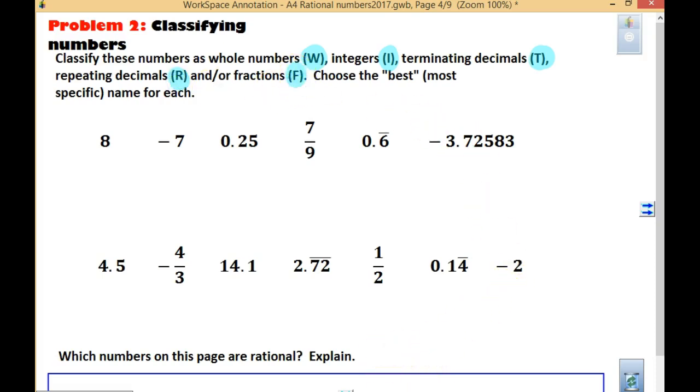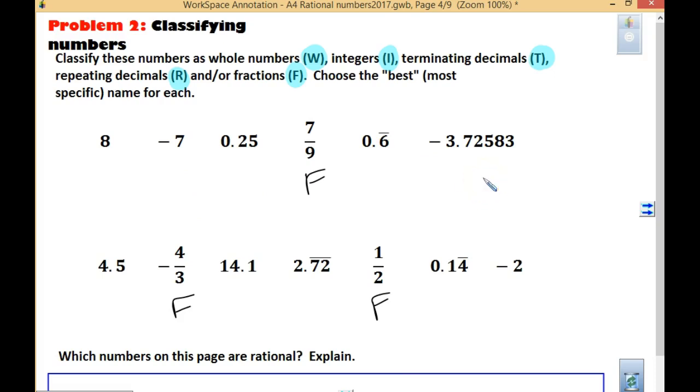So the easiest one might be to go through and do your fractions first, right? So if I was looking at doing my fractions first, Andy, you want to tell me where I should put an F? 7/9. Any place else? 1/2 and -4. Those are my 3 fractions, right? So I have F's. I might now want to go with whole numbers.